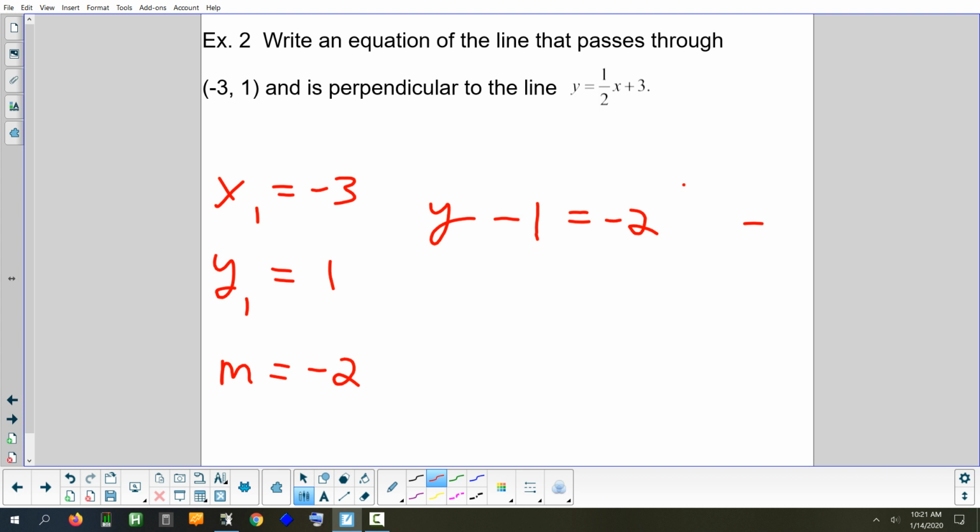Yep, a parenthesis. And then one more thing before we get to the minus. Joe? X. Yep, x. Now we got the minus, and what comes after the minus in this problem? -3. And close parenthesis. Now, is that point slope form?